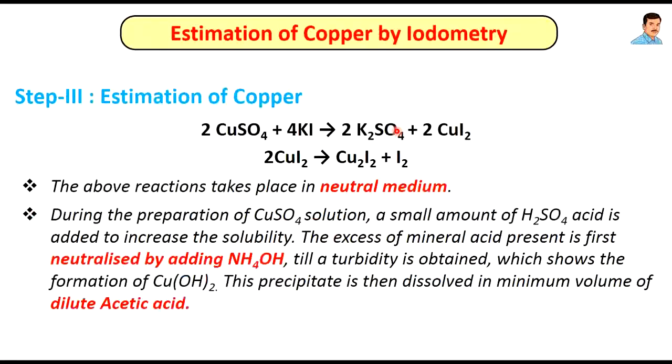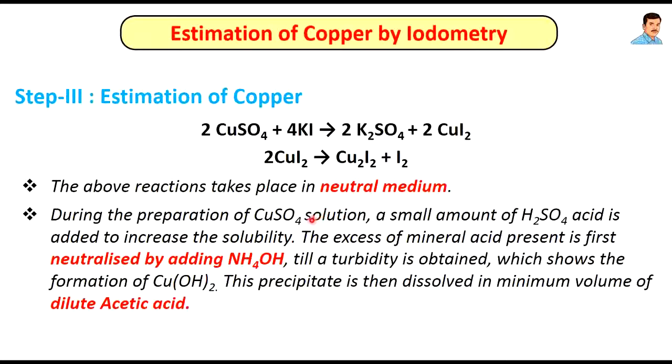At this point, actually, we have to add the ammonium hydroxide and then dilute acetic acid. But I am not adding ammonium hydroxide and acetic acid at this point. The reason is step 3, estimation of copper chemical reactions. These reactions occur in neutral medium. So we have to maintain neutral medium in this step.